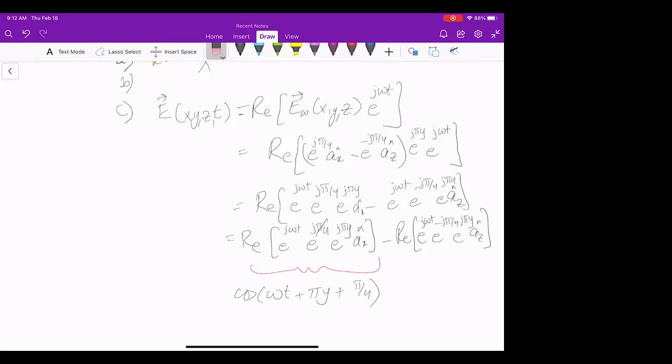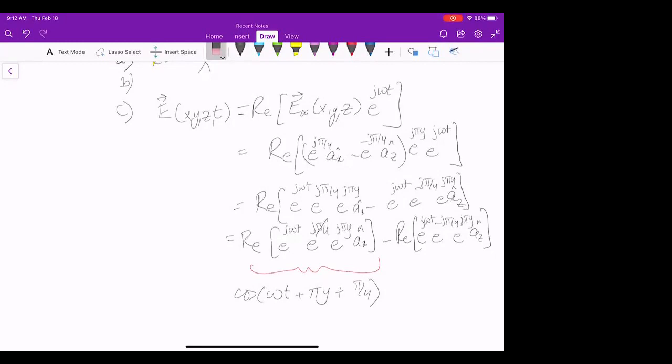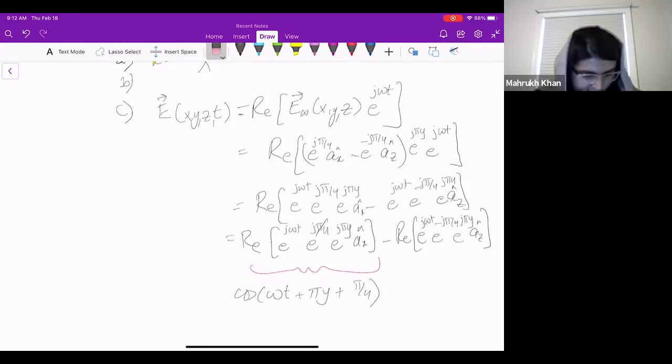Do you need to multiply that expression by 2? Or no? The cosine. Okay. So when we are writing it in terms of time domain, we are just converting it in terms of time domain.